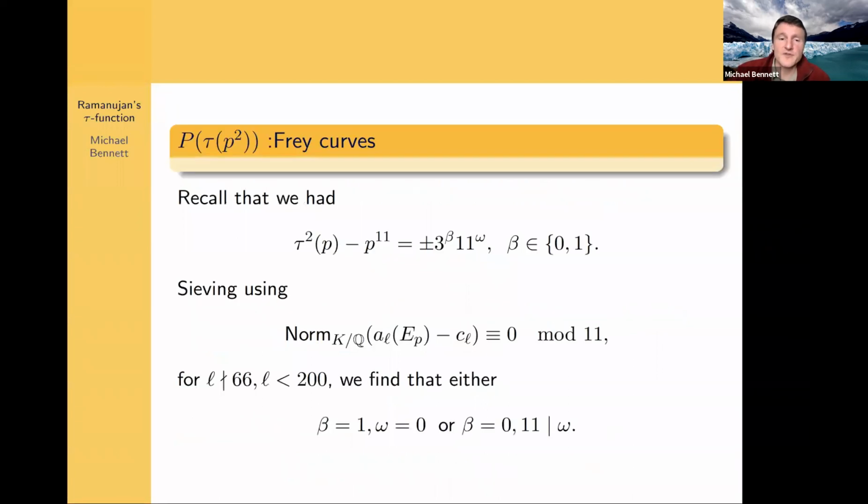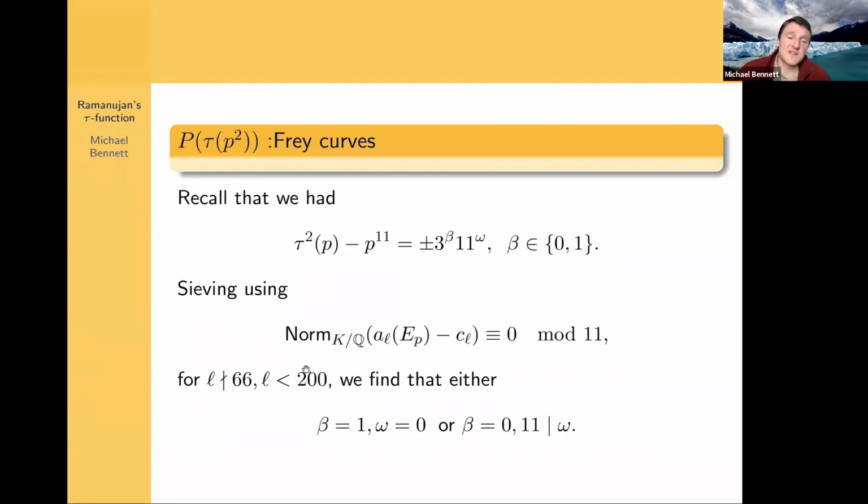And what we're going to do then is, so we have this equation, which gives us local information at various primes. And remember, we also have nice information mod 23, which is very helpful when you're looking at 11th powers. So what we do is we sieve. So we have this congruence here that the norms are divisible by 11. We have this congruence for every single l that's a prime of good reduction for our Frey curve.